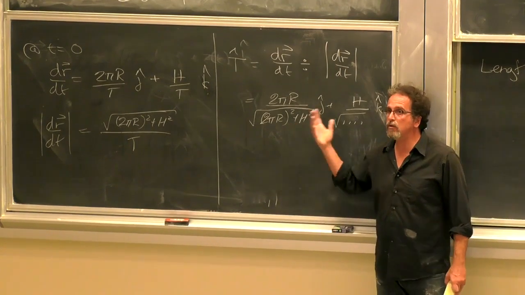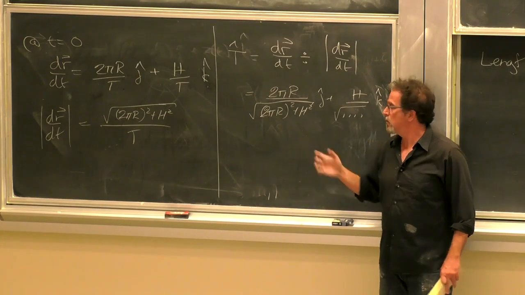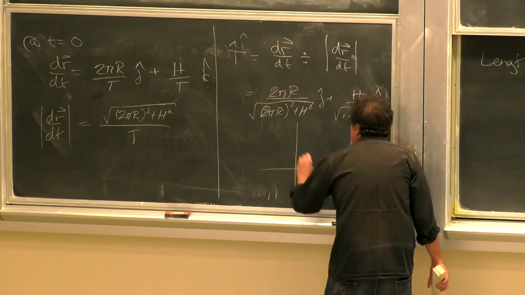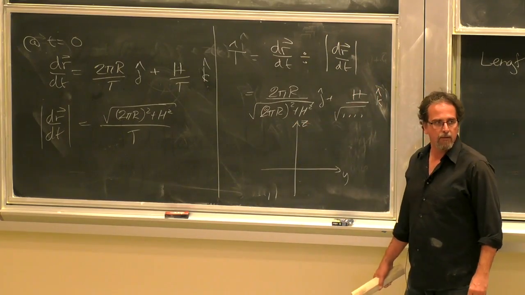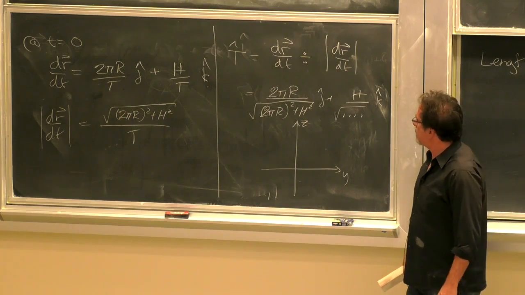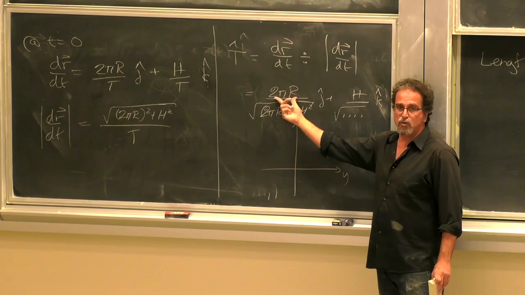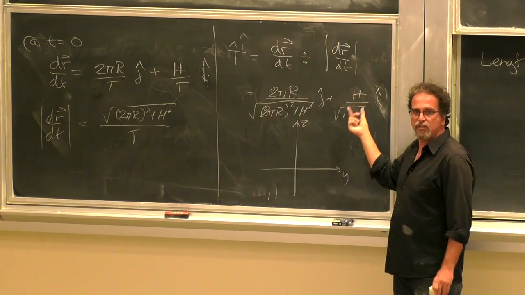But remember, this is a unit vector. So let's just plot this vector in the yz plane, right? In the yz plane, this vector has a run of 2 pi r over this hypotenuse, and it has a rise of h over this hypotenuse.